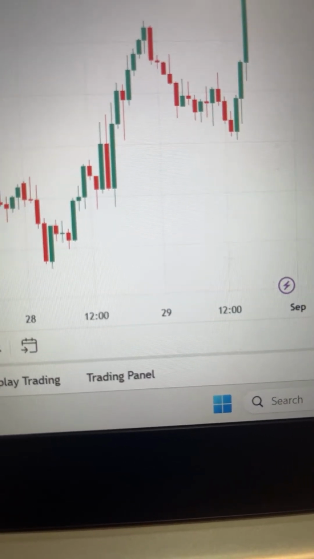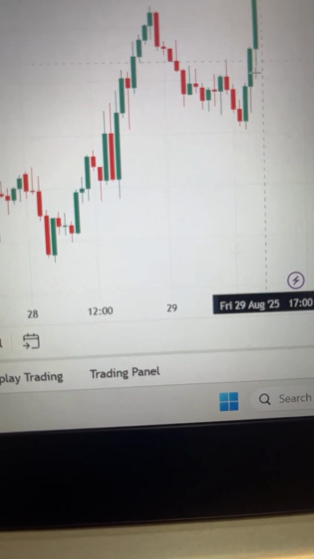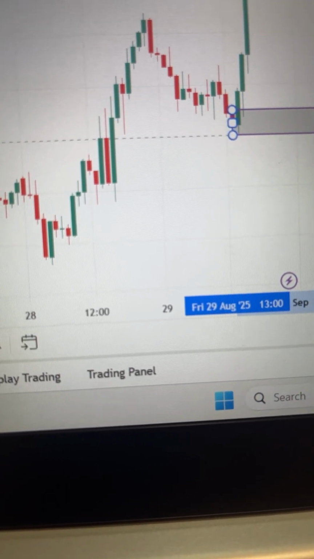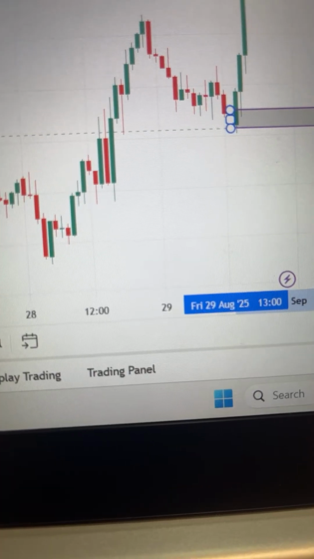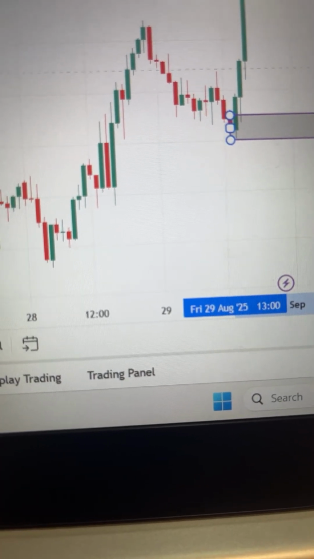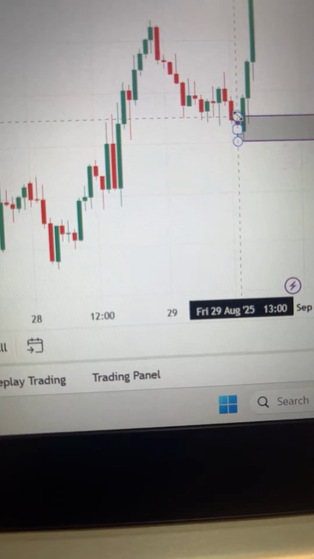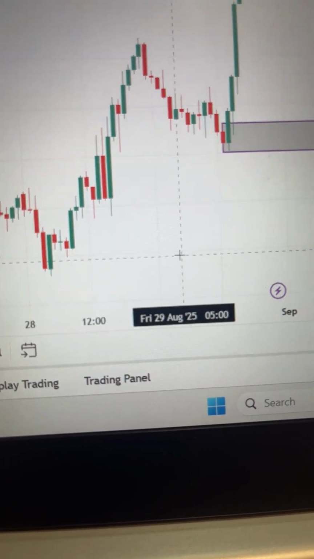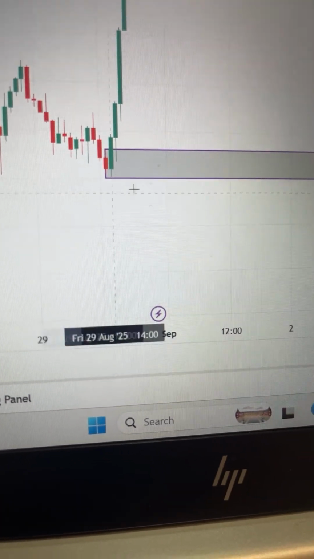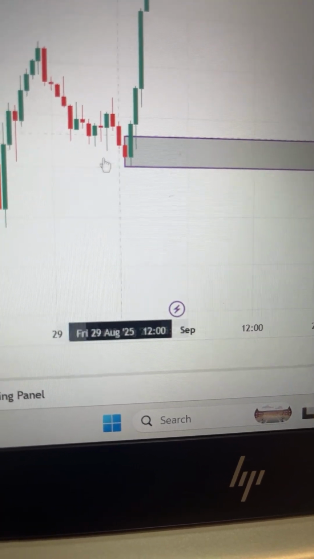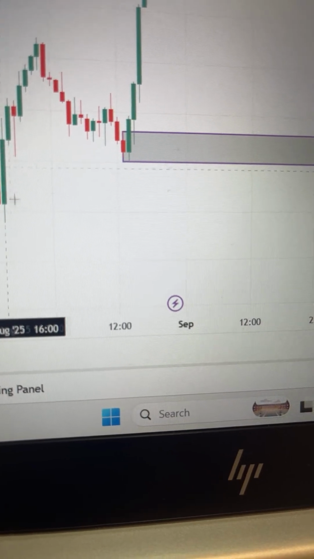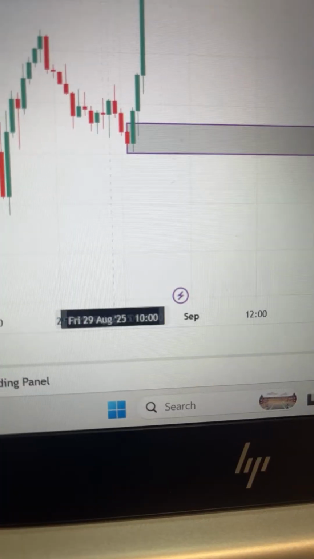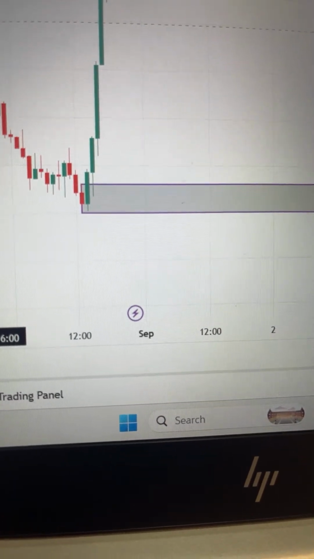Let me just mark it out. So from the high to the low, from the high to the low. So this is our fair value gap here, or the order block. Our fair value gap can be this. So this is your order block right here, of which you will wait for one thing to happen again.